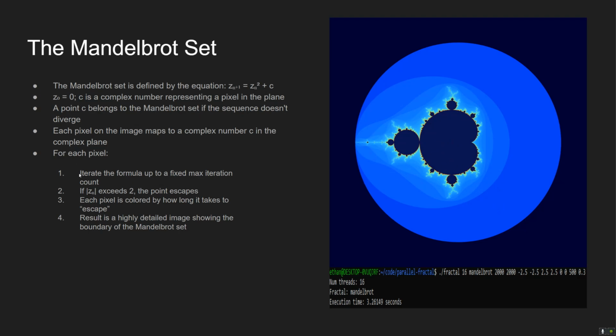We iterate the formula, and if the absolute value ever exceeds 2, then we know it's going to diverge to infinity, and we return how many iterations that took. This image is basically coloring how long each coordinate took to escape to infinity. You can also see the command I used, because this was rendered with my engine right here.